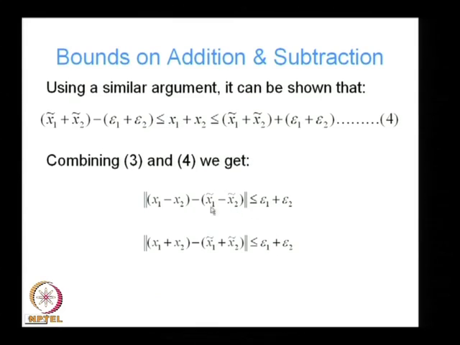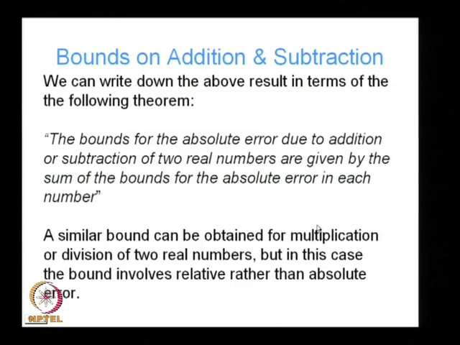Thus, the error due to subtraction is bounded by epsilon 1 plus epsilon 2. Similarly, the error due to addition is also bounded by epsilon 1 plus epsilon 2.